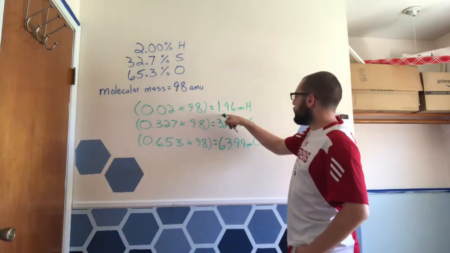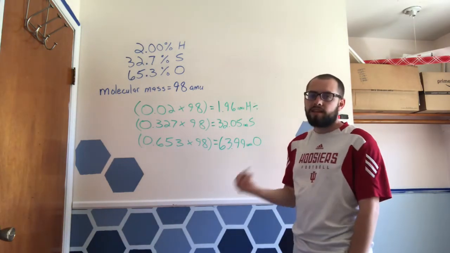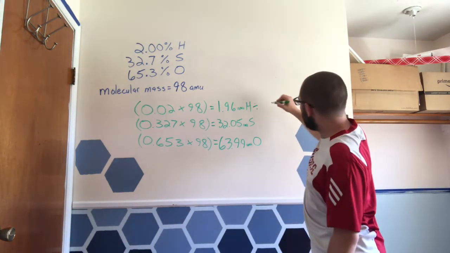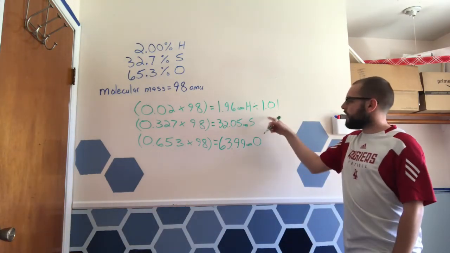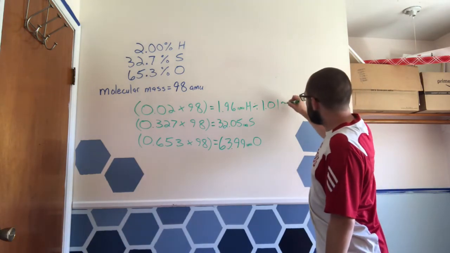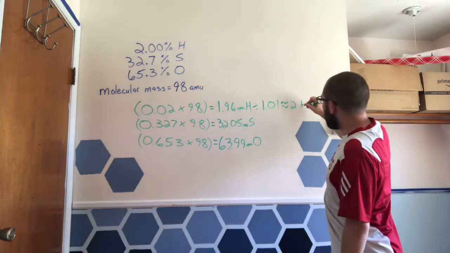So 1.96 AMUs divided by the atomic mass of hydrogen, which is just about 1.01. I'm going to get roughly 2. Just about 2 atoms of hydrogen.